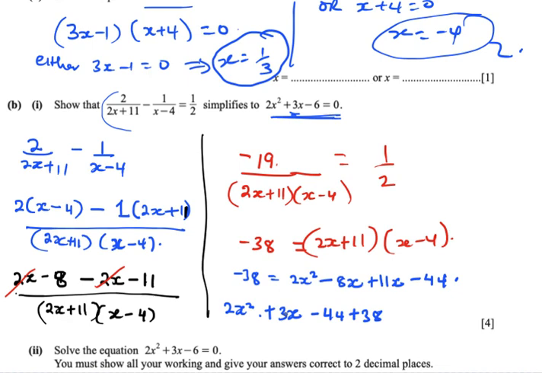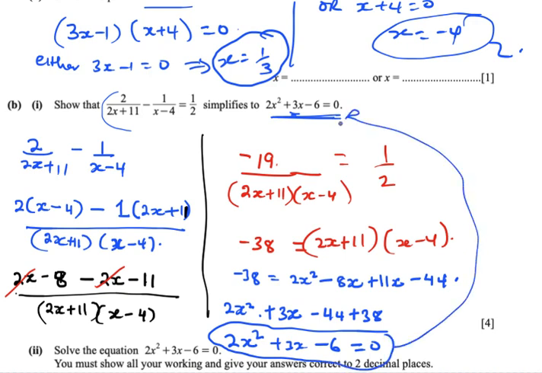So negative 44 plus 38, we get negative 6. So this will be 2x squared plus 3x minus 6 equals 0. So this here is what they told us to show. This will be the answer and this will be the working.